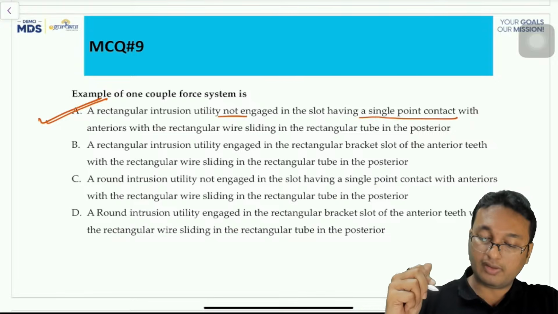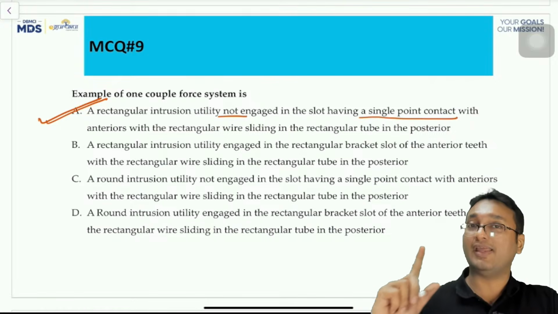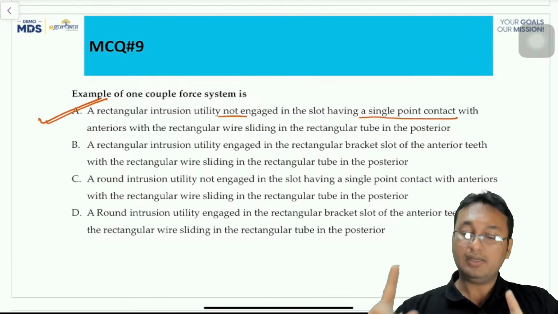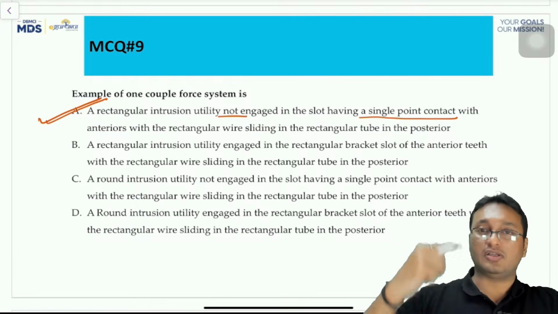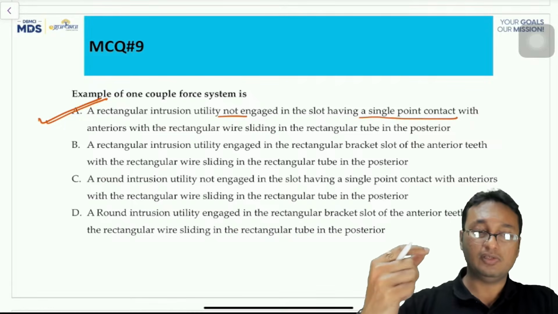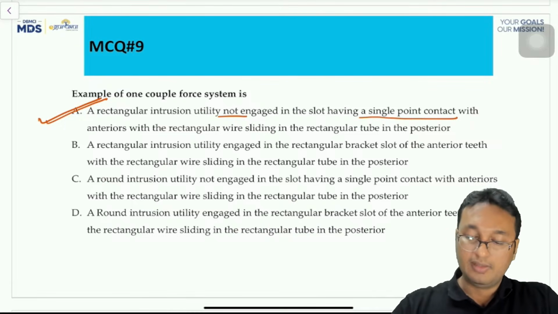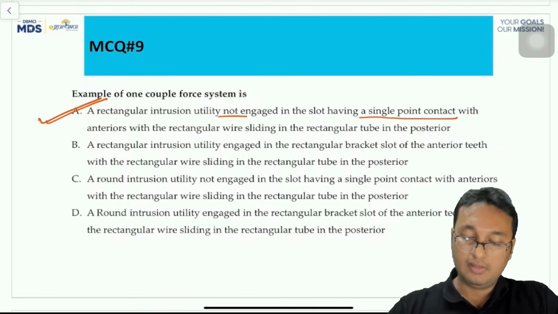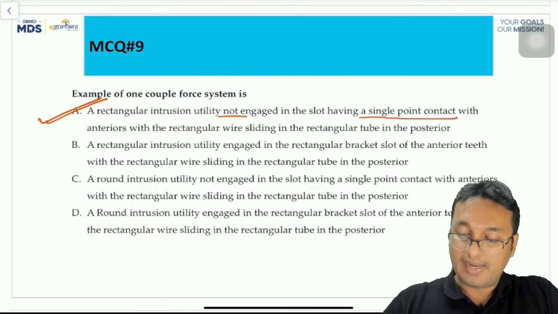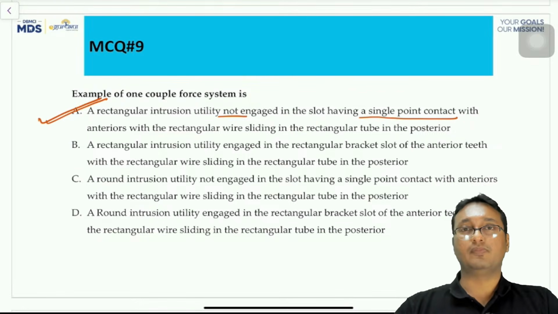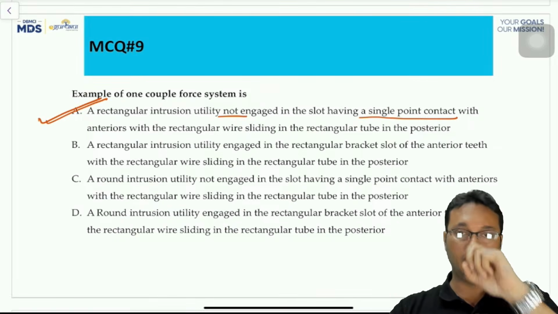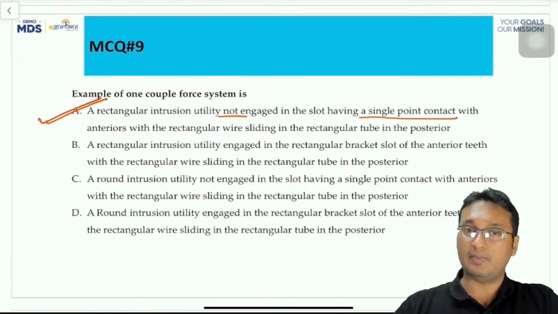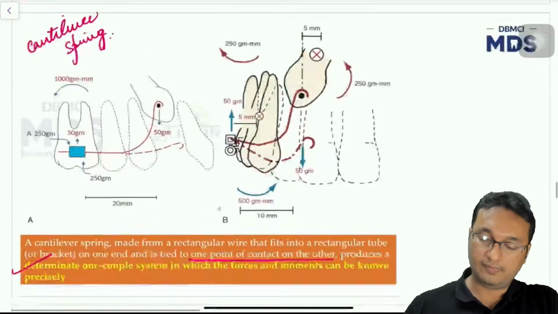So rectangular utility arch which is not engaged in the bracket slot, but has a single point contact with the ligature tie. I told you we have to tie the utility arch with the ligature tie, creating a single point contact, with the rectangular wire free to slide in the rectangular tube, in the molar tubes. So that is an example of one couple force system. Okay?